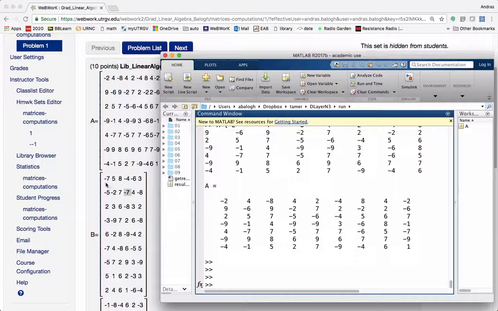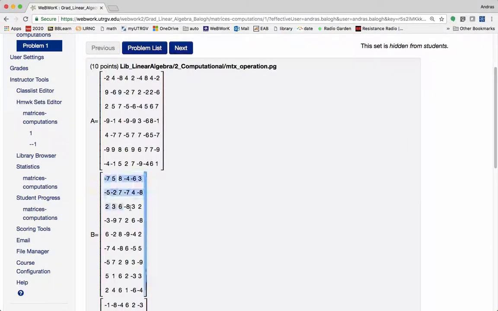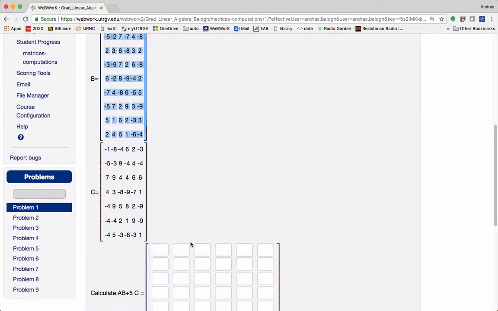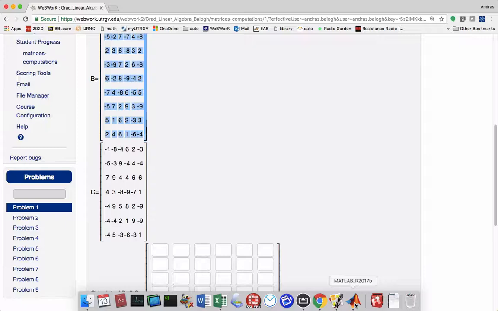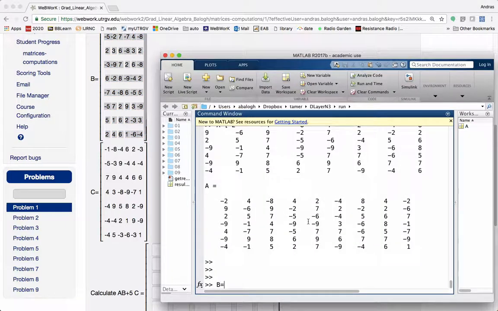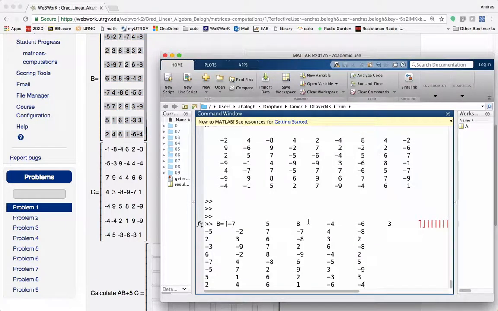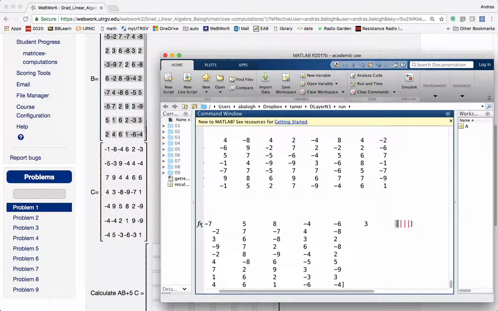Then the second matrix is B. Let's copy. Stop at the end of B, of course. So this will be B equals open bracket, Ctrl V, close bracket, go back to the first line, end of first line, erase the garbage. Make sure all the garbage is erased.